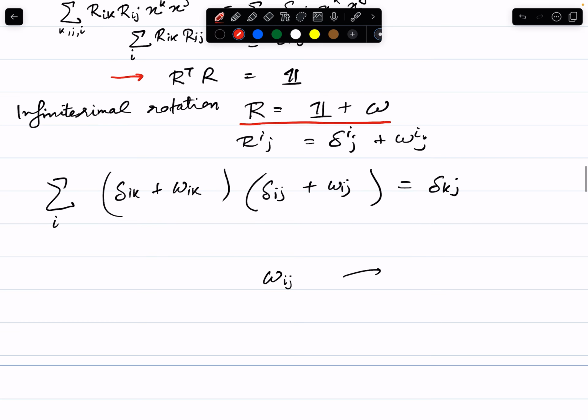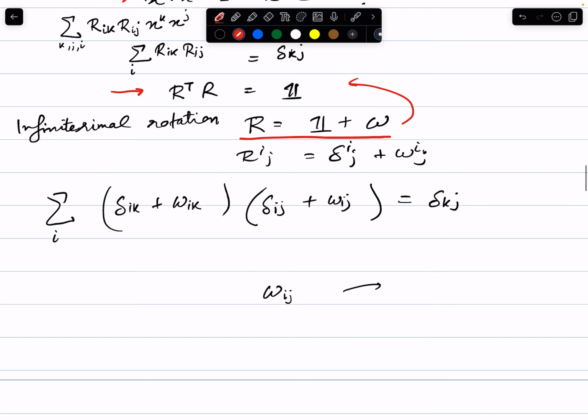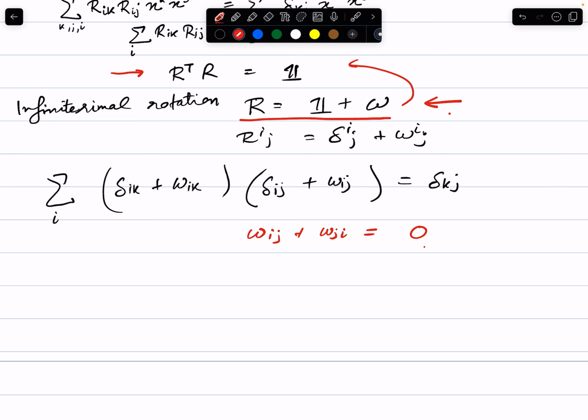then by substituting this here, you will find that this omega has to be an antisymmetric matrix. So an infinitesimal rotation is antisymmetric.